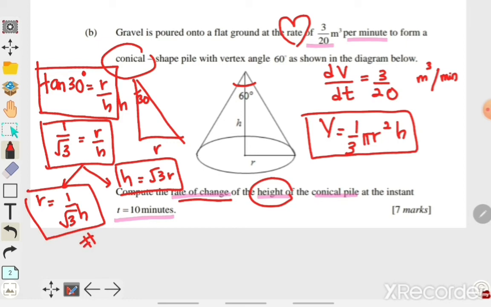So the new formula of the volume is: volume equals 1 over 3 pi r square, where r is 1 over sec 3 h, squared, and times h. Now this equation is harmonious because v is only in terms of h.